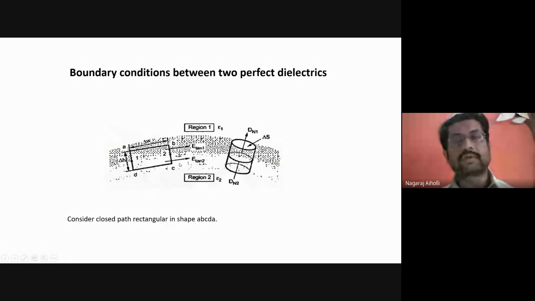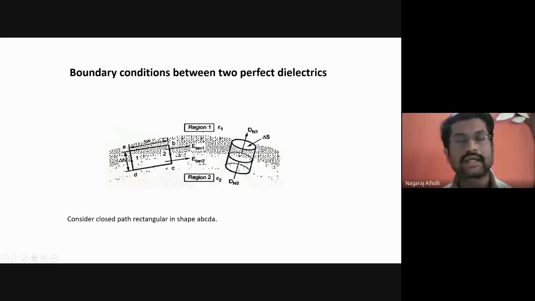They are called perfect dielectrics because the dielectrics are perfect in nature. That means they have a high insulating property, and hence they are called perfect dielectrics. Now suppose for such two perfect dielectrics, considering the rectangular shape, the height is delta h, and I want to analyze this surface ABCDA at the boundary.